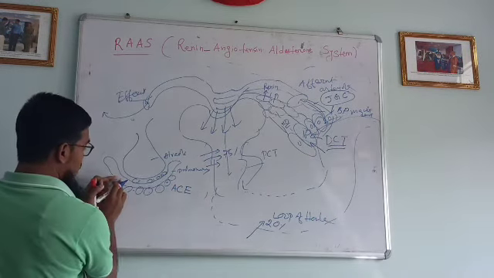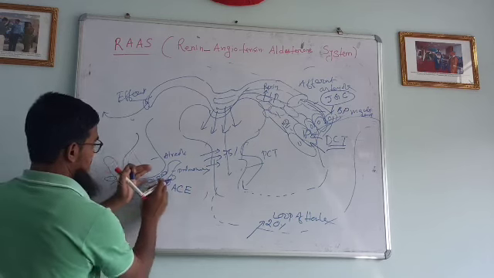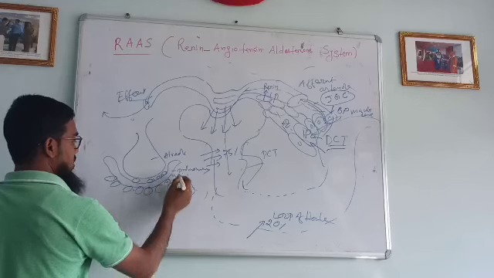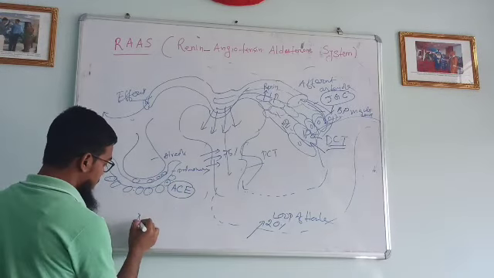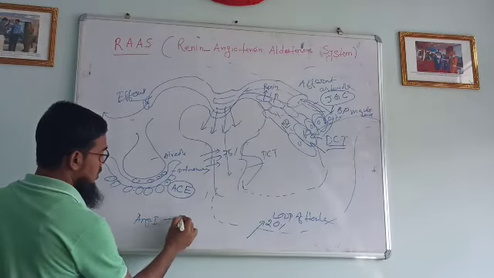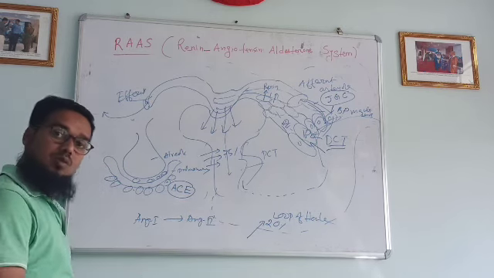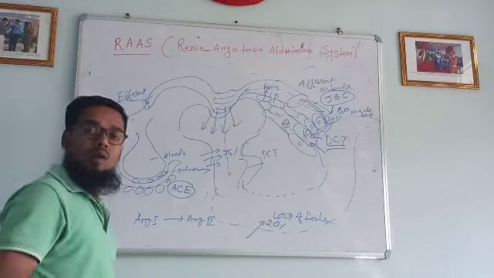When angiotensin 1 comes through our lungs, angiotensin converting enzyme converts this angiotensin 1 to angiotensin 2, and this final angiotensin 2 regulates our blood pressure.